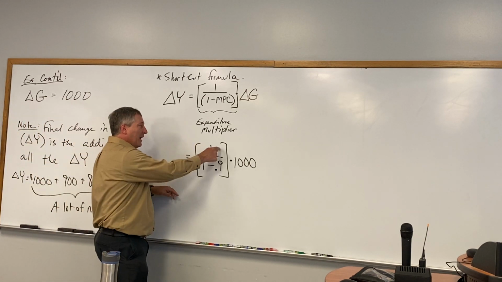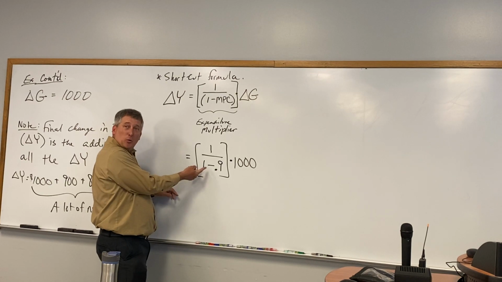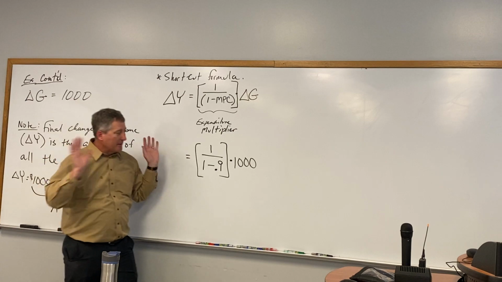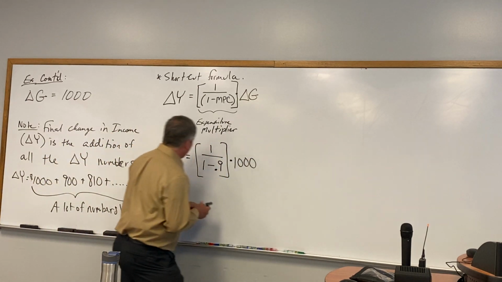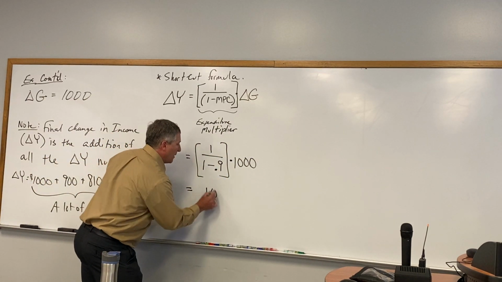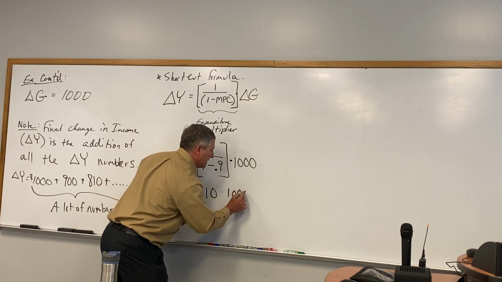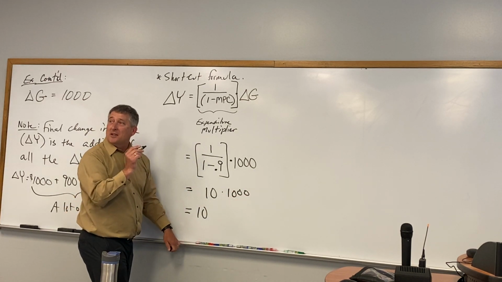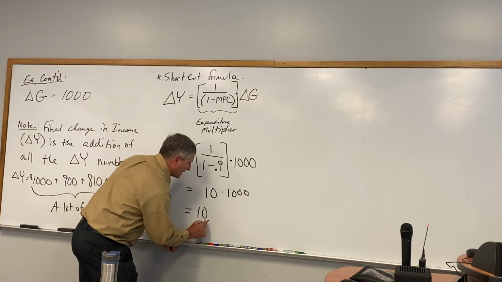So 1 over 0.1, which is 1/10, flip it over, multiply times the numerator. Anyway, do it with your calculator, do it however you want. It's 10. So the multiplier is 10. 10 times 1,000 equals? 10,000.